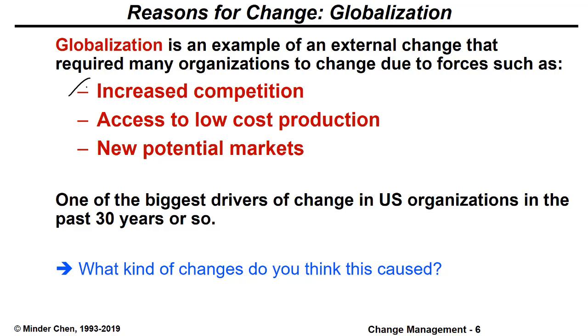However, at the same time, globalization allows some manufacturers or companies to have access to production facilities in low-cost countries such as China, or now a lot of manufacturers are moving to Vietnam or even Indonesia. And the global arena certainly provides new potential markets for a lot of companies. So this is one of the biggest drivers of change for US firms in the past 3 decades.